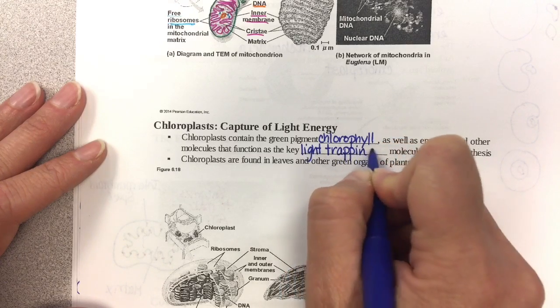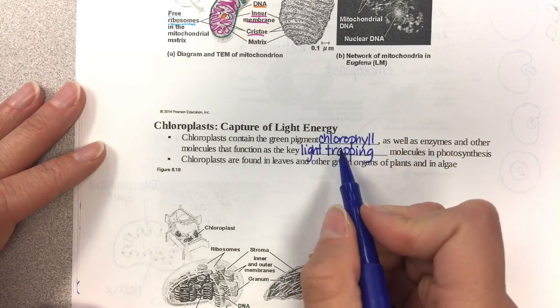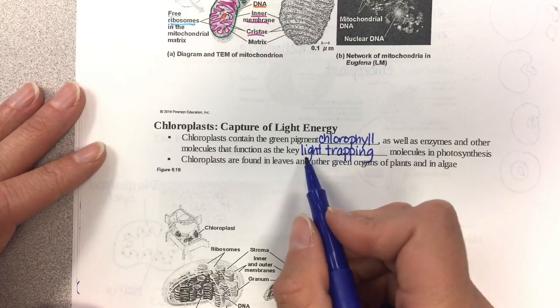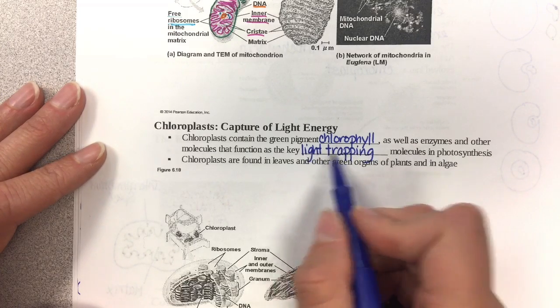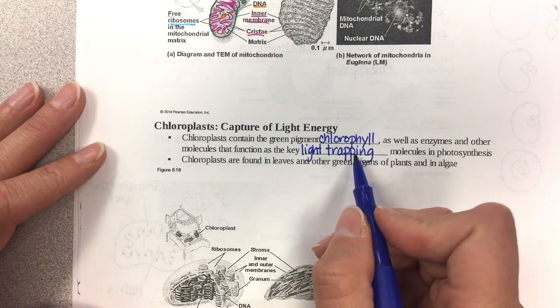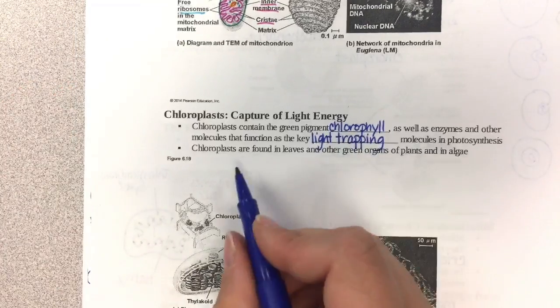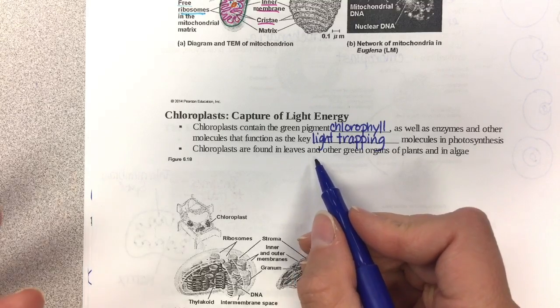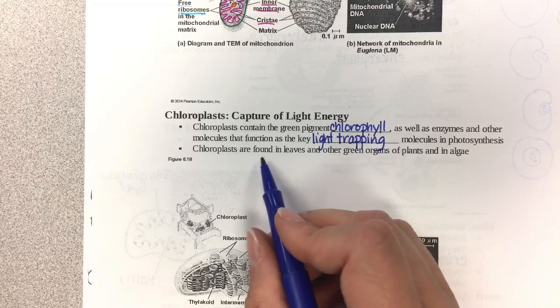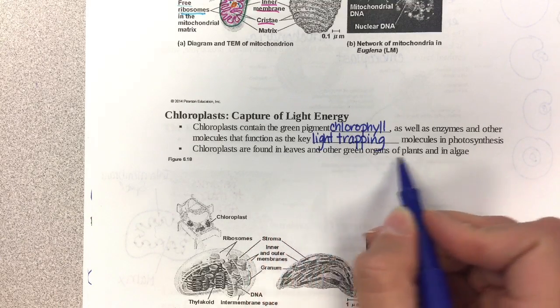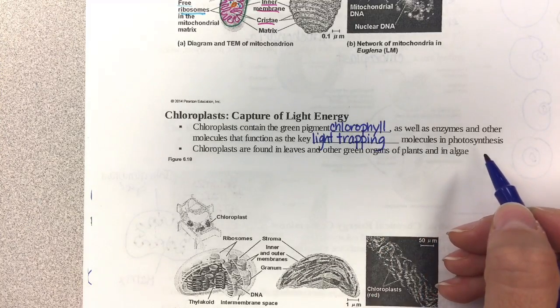For photosynthesis, you need sunlight or light, and so you have to have pigments. Pigments are molecules that trap the light, and the light is used in photosynthesis to make glucose. So chloroplasts are found where? In green plants and some algae. They're found in leaves and other green organs of plants and in algae.